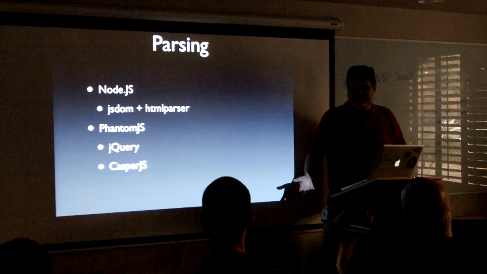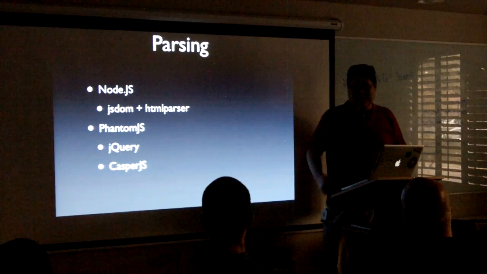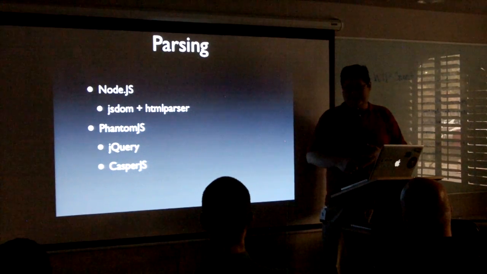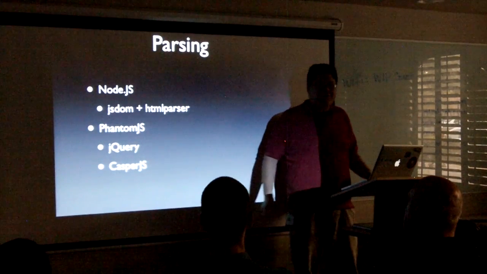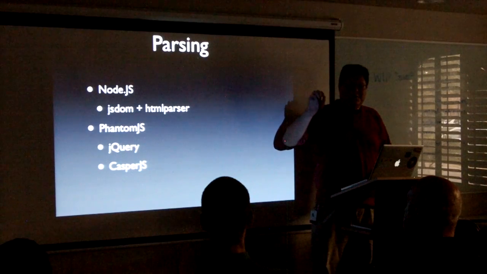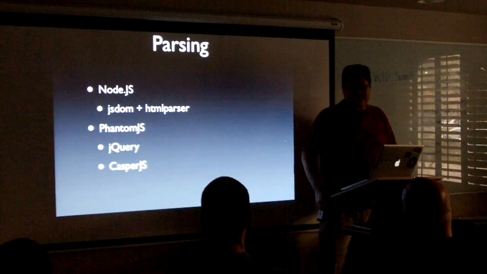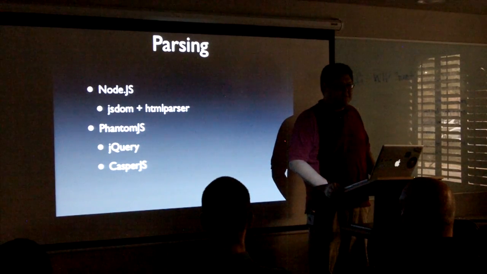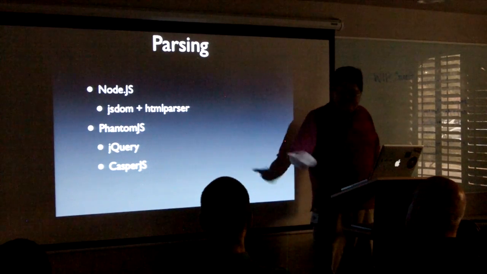What would be better is if you actually were running your actual pages inside of PhantomJS, where you have JavaScript, you have a real DOM, and you can just go through and use jQuery to parse things. So that's a really easy way to go to a page, grab something out of a DOM element, and parse it. And if you're using Node, you can use npm to install PhantomJS.